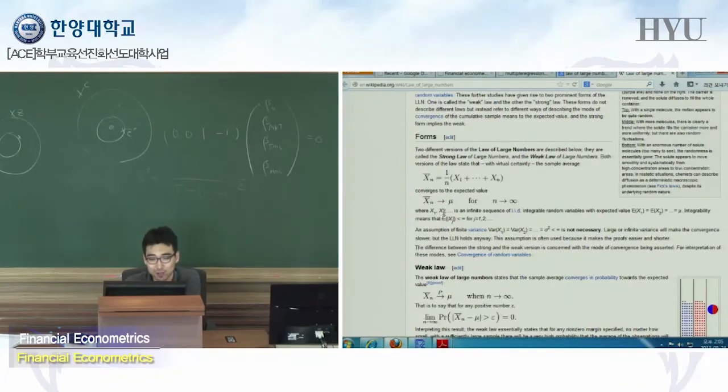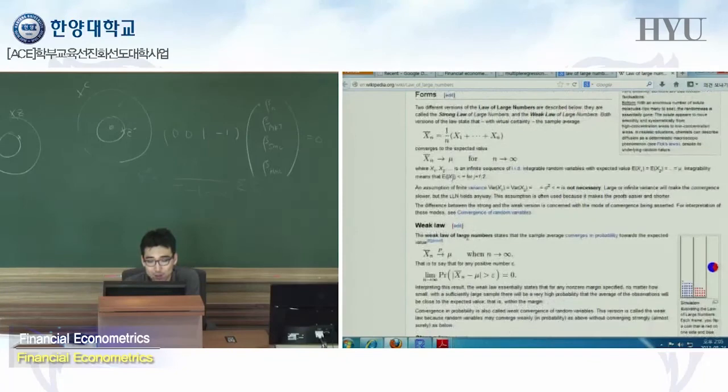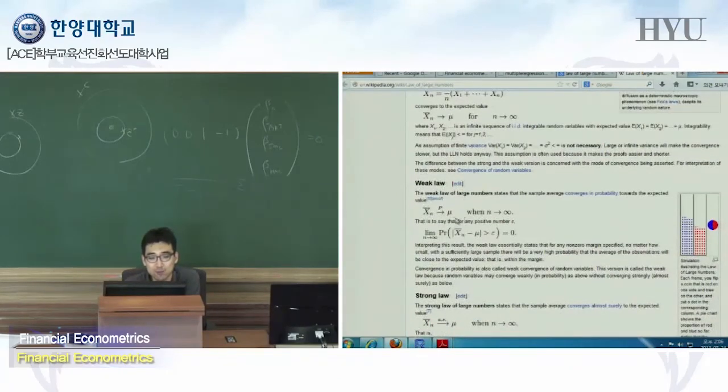Where x1, x2, and so on are an infinite sequence of independent and identically distributed integrable random variables with expected value mu. And then the weak law of large numbers states that the sample average converges in probability toward the expected value. So this is the weak form because it means that the average converges to the expected value, but not absolutely with probability 1. There is a slight difference between the two.